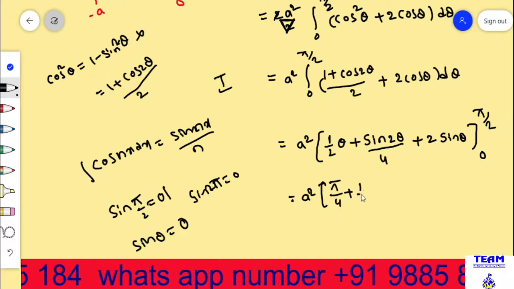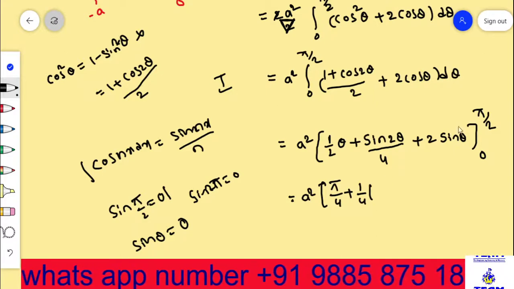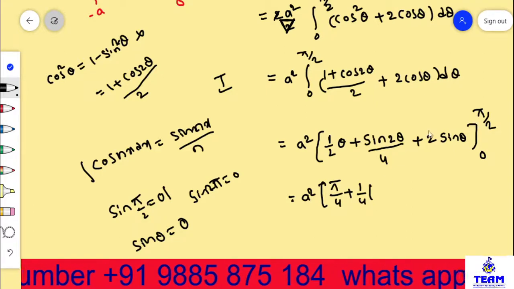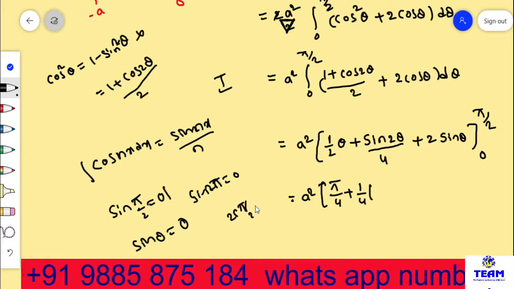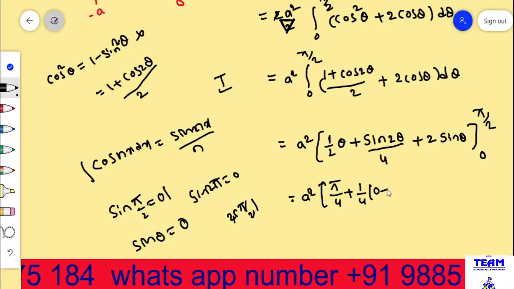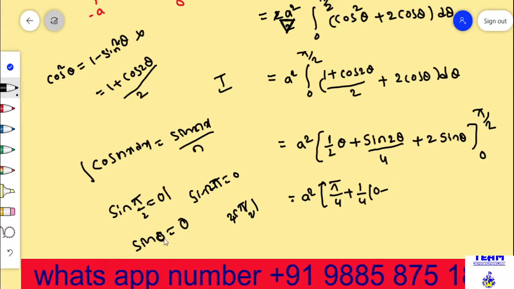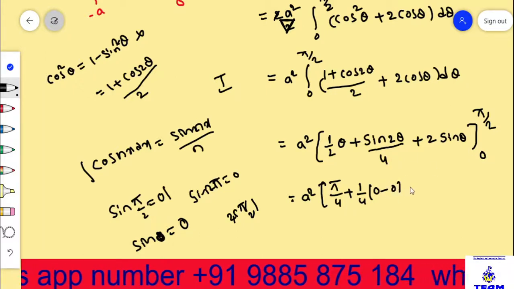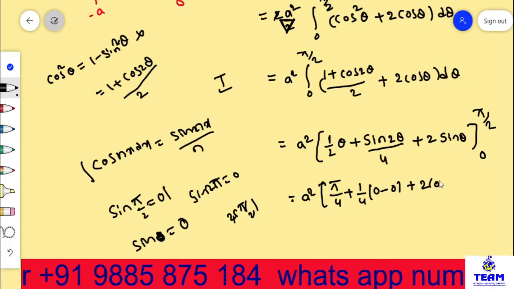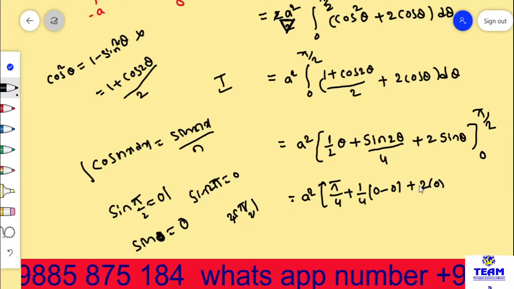Plus, here you have 1 by 4, which I am writing outside. Now put theta equal to pi by 2, the upper limit: 2 times pi by 2 is pi, and sin pi is 0. Next the lower limit, sin 0, is 0. Plus 2 into sin 0 is 0. First what you have is the upper limit.